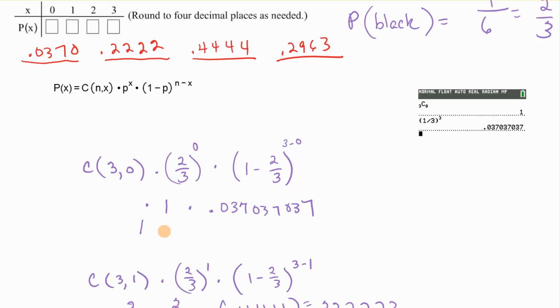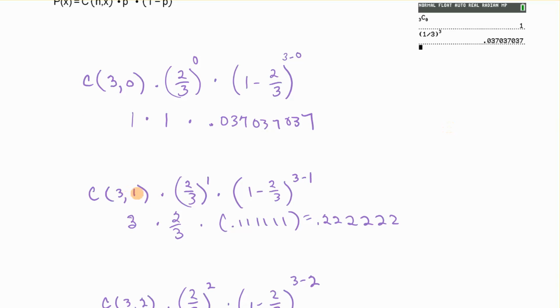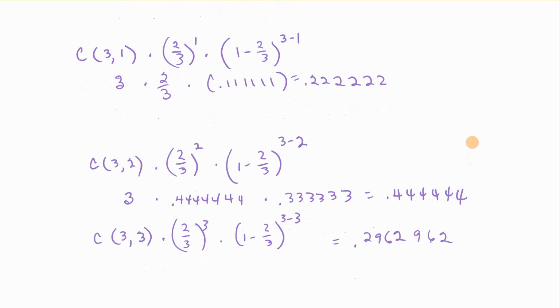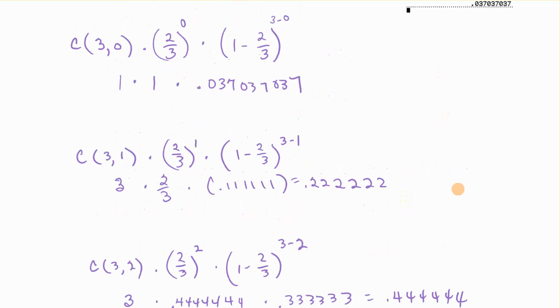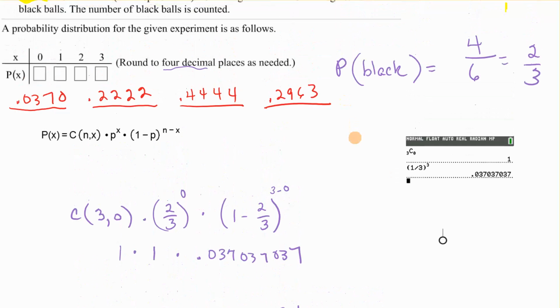And you end up with 0.0337, and it's going to tell you to round to 4 places. So 0.0370. Then if you do it for 1, that changes to 0.2222. If you do it for 2, we get 0.4444, and for 3, 0.2963 if we're rounding. So those numbers would be going in these boxes. And so we've created that distribution.